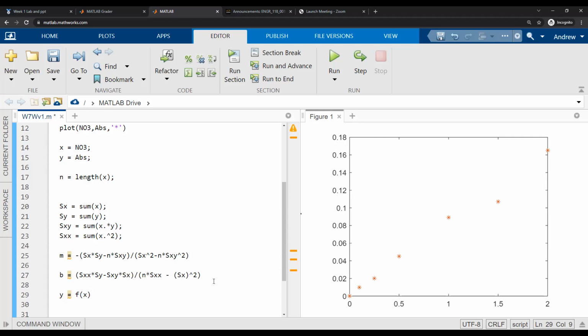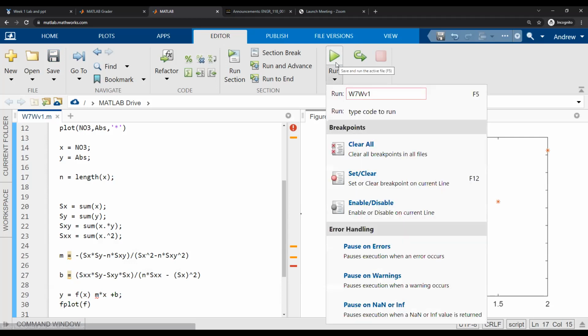As an anonymous function. And that's going to be mx plus b. So if I plot that together, I can see if I'm correct. Let's see if I made any typos.